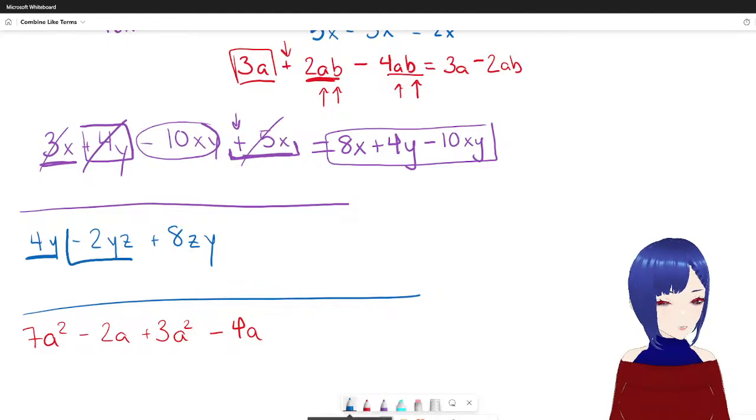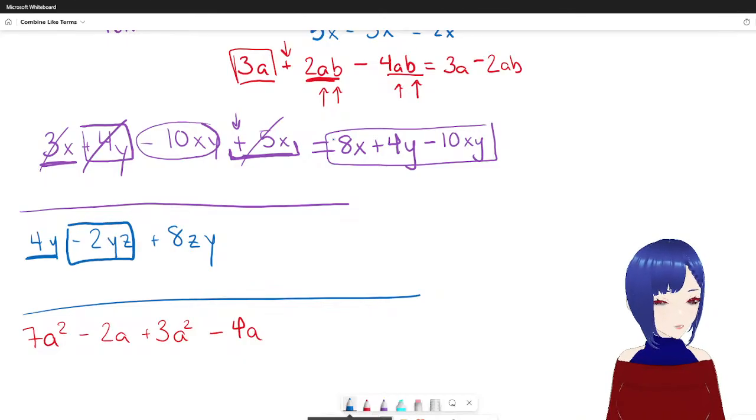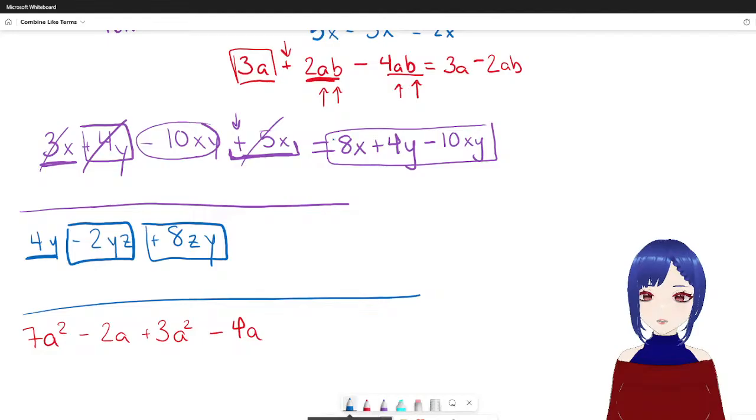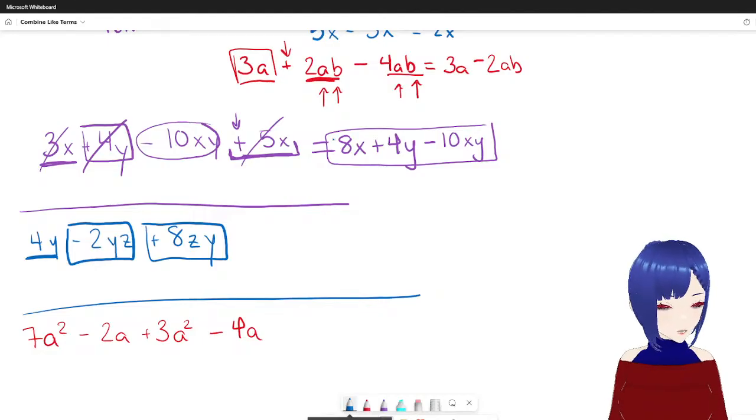Then I have minus 2yz. And I'm going to highlight this one because the other one says plus 8zy. Even though they're in a different order, they still both have a z and a y.